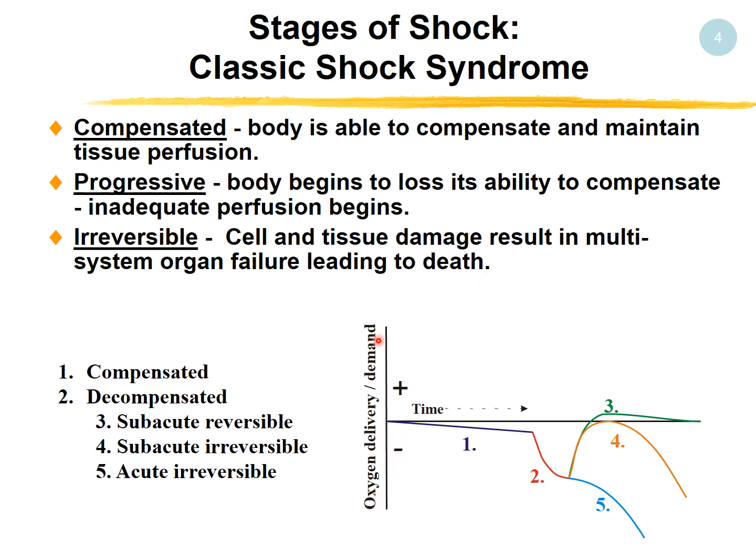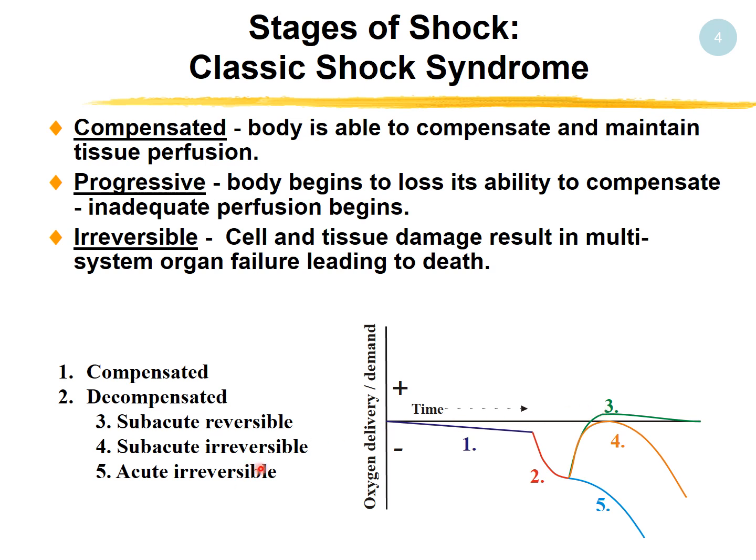Now, if you look at this graph of oxygen delivery or demand, the first phase is the compensated phase. The next one is the decompensated phase. At the beginning, we have the subacute reversible one: if you act right away and treat the patient, they can go back to the normal situation and survive the shock.